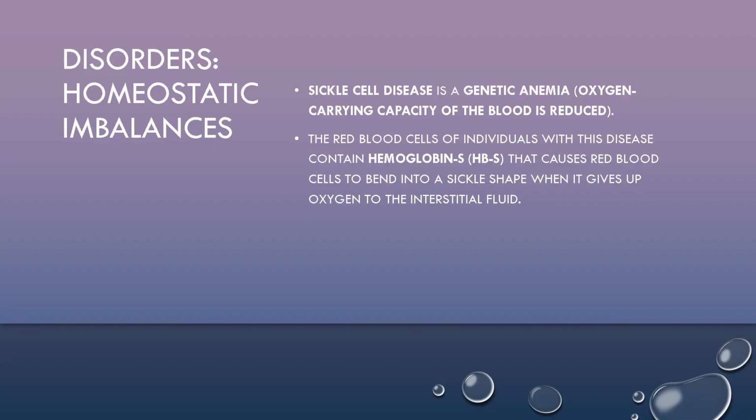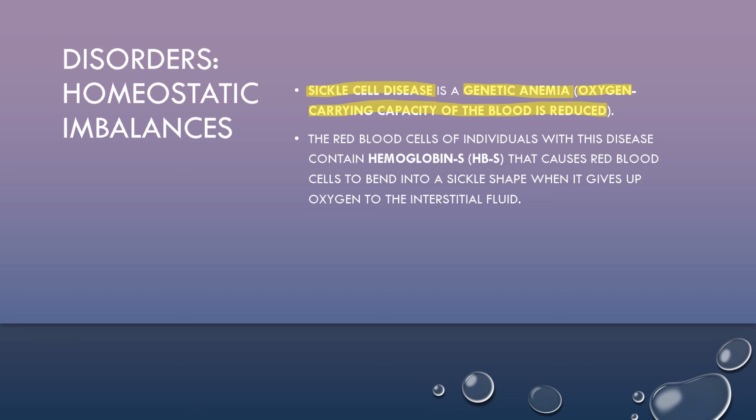So we're going to briefly talk about a disorder of the blood, homeostatic imbalance. So first off, anemia is a condition in which the oxygen carrying capacity of the blood is reduced. Sickle cell disease, this is a genetic anemia.